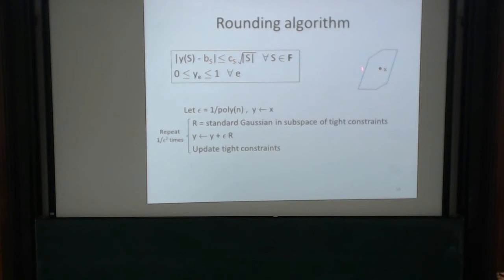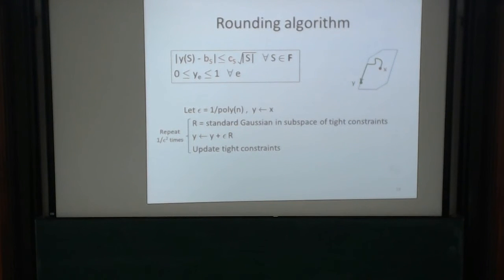Whenever we reach another tight constraint, we stay in that subspace. So that's the picture: you start from the fractional solution, you keep taking these random Gaussian steps, and you perform this for 1 over epsilon squared iterations, which is polynomial.